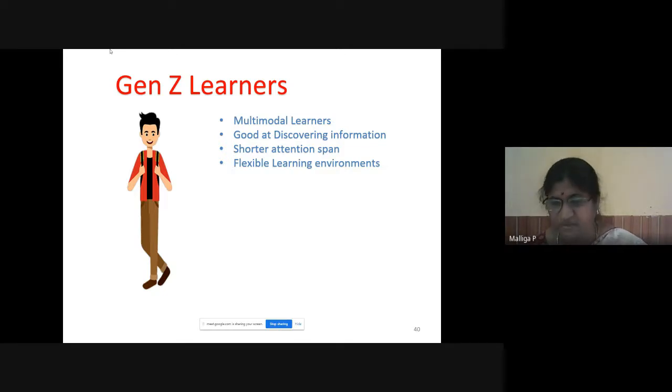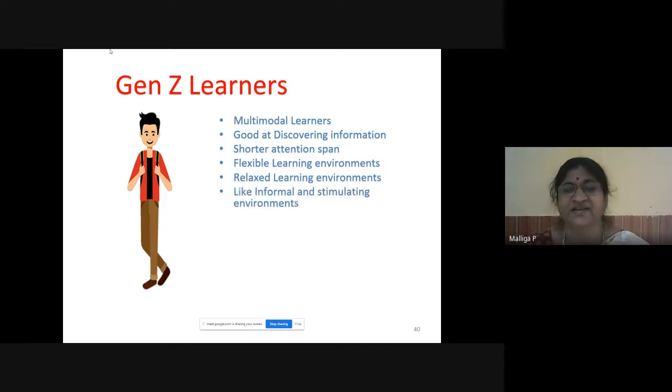Very flexible, very relaxed learning environment. I'm just giving an example, right? Very relaxed, and that too during this pandemic. Then they prefer an informal and stimulating environment. They prefer active learning. They prefer interaction and collaboration.